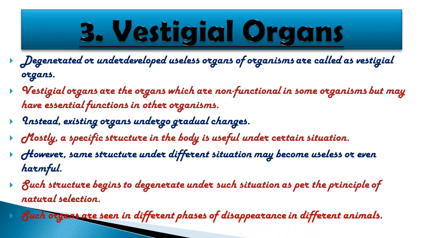It takes thousands of years for a structure to disappear; evolution does not take place within a short span of time. Such organs are seen in different phases of disappearance in different animals, and though non-functional in certain organisms, they may be functional in others, that is, not vestigial in those other organisms.